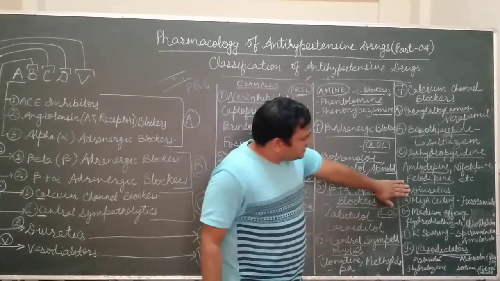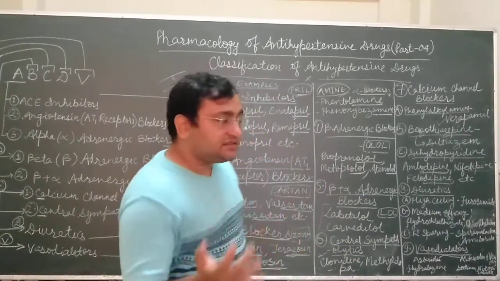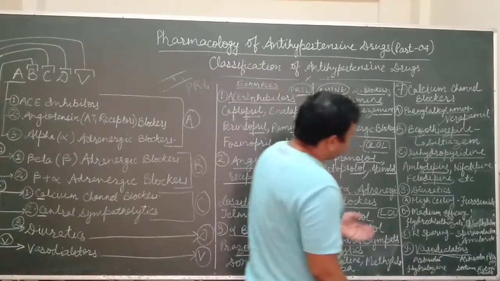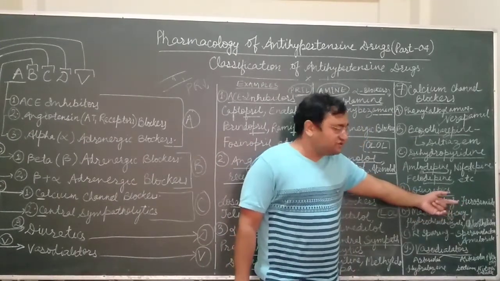Next, the eighth category is diuretics. Diuretics are categorized in three categories. First one is high ceiling diuretics. Example is furosemide.